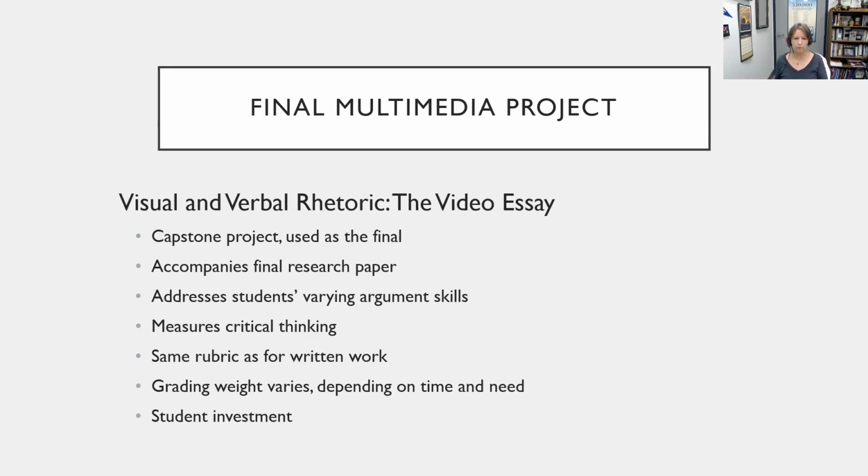So the final paper, because it is the end of the semester, end of 18 weeks, they are done, they're tired, they've got to study for their other finals. I make that argument a little bit briefer, and I add this video essay component to it that gets them across the line a little bit. And I'll talk about how I grade it a little bit later.